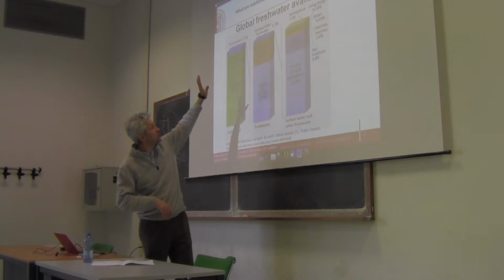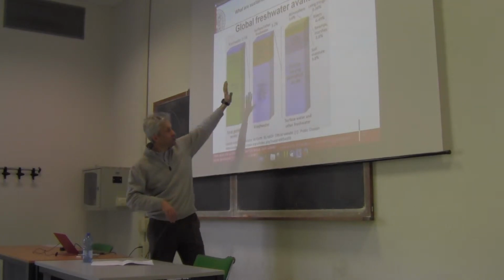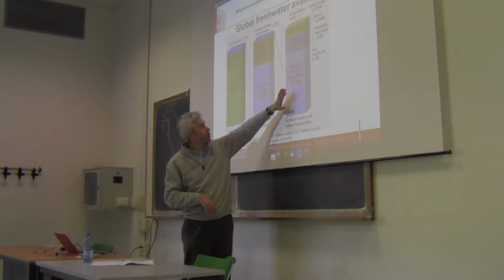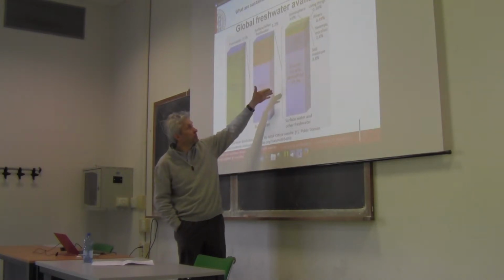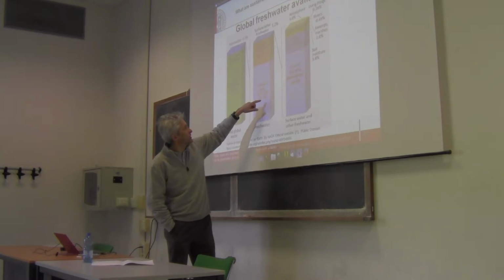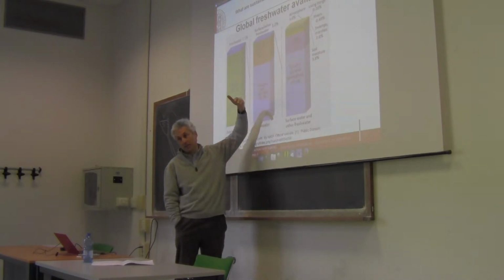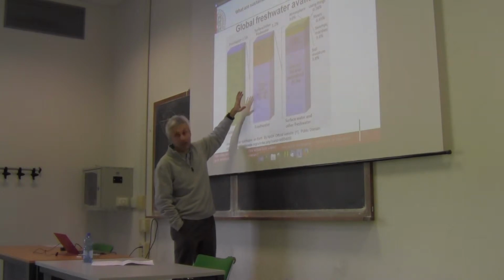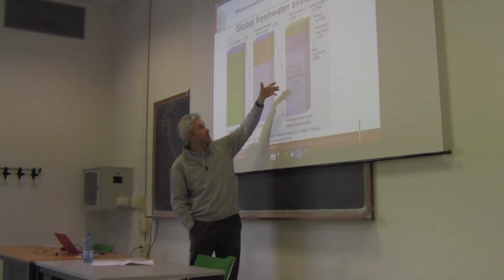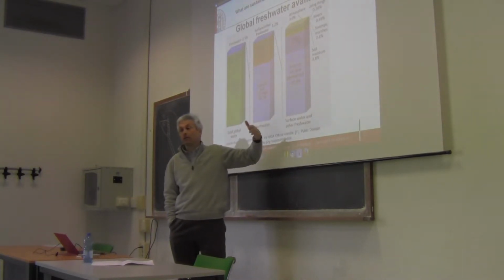If you look at surface water and you explode it in the third column, you see that there is still a part that cannot be used because basically it's in solid state. It's not part of permanent glacier and ice caps, but it's a part of ice.